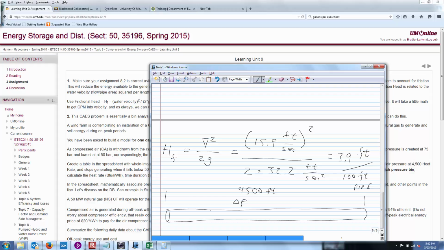And well, if we just chop it up into 45 sections, we're going to lose, delta P equals 3.9 feet times 45, because there are 4,500-foot sections.